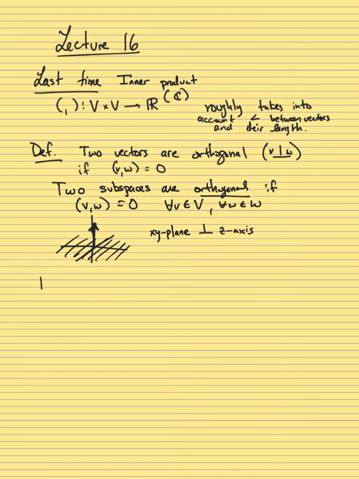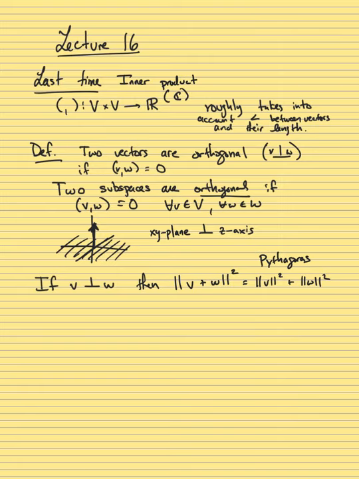So the first thing to prove about orthogonal vectors, and this is straightforward computation, is that if v is perpendicular to w, then it satisfies Pythagoras's theorem. So the norm squared of v plus w is the norm squared of v plus the norm squared of w.